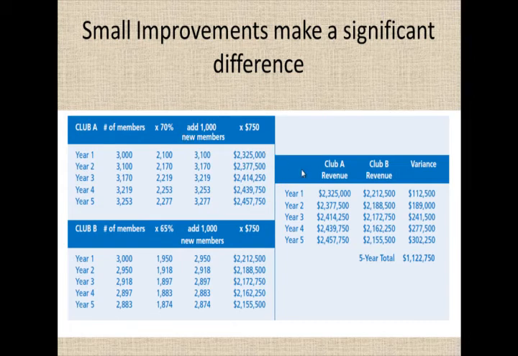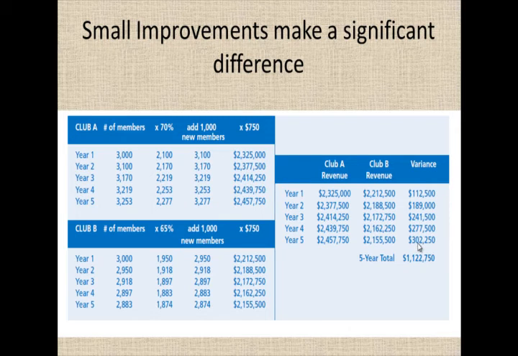If you look on the right here, it compares the two clubs and their revenue each year. And you can see that at the end of the first year, Club A has had an extra $112,000. And this increases each year as the gap widens. So after 5 years, the difference is over 300,000 between the two clubs in revenue per year.